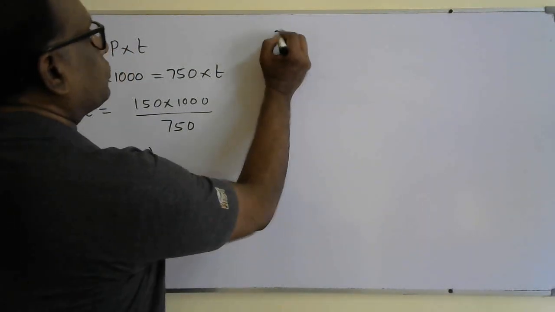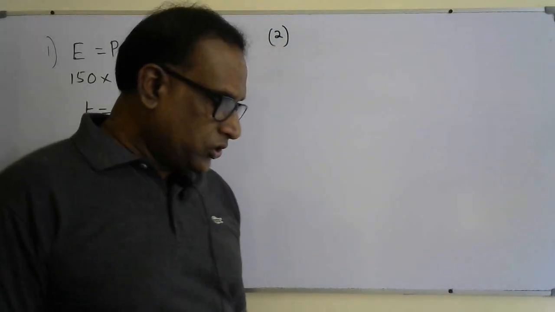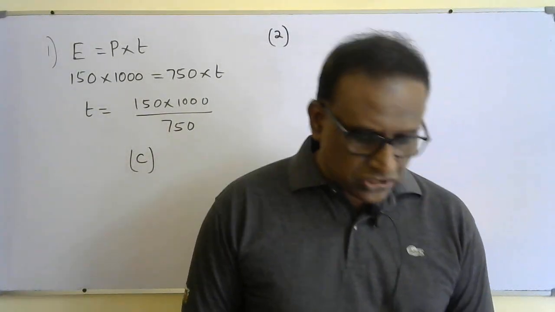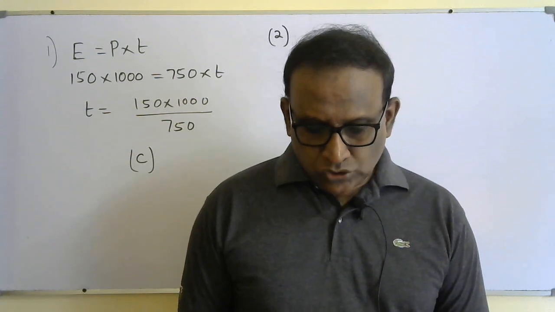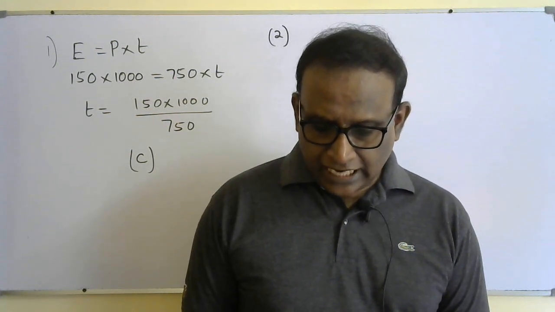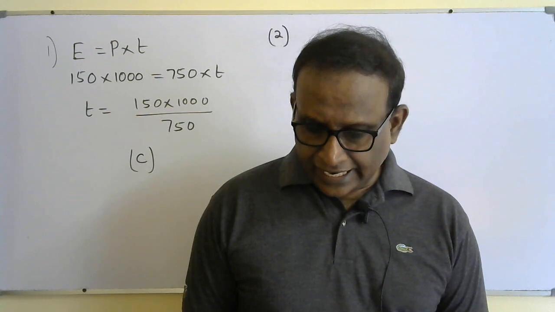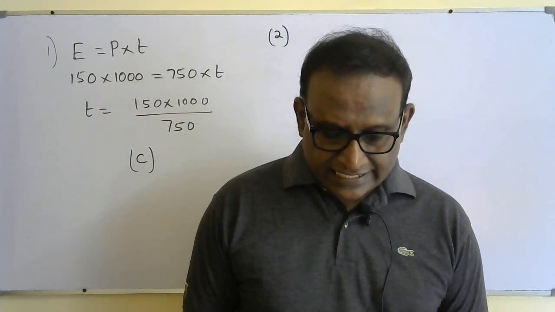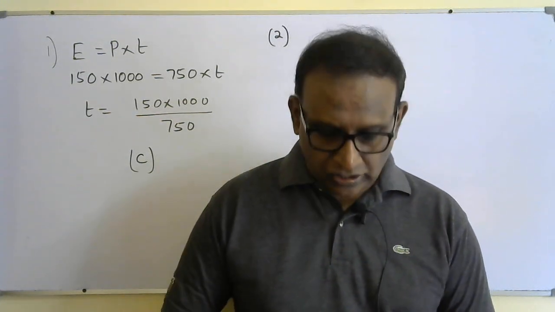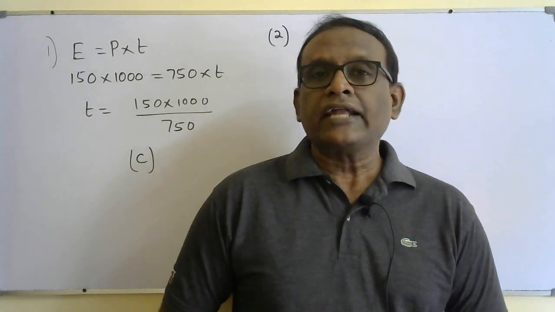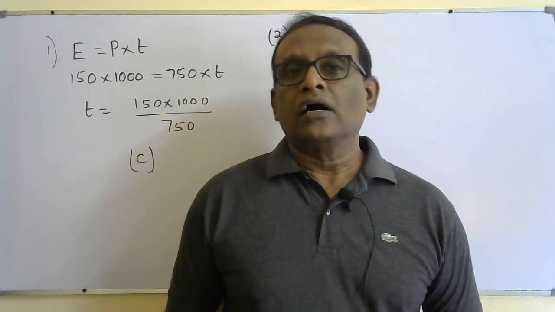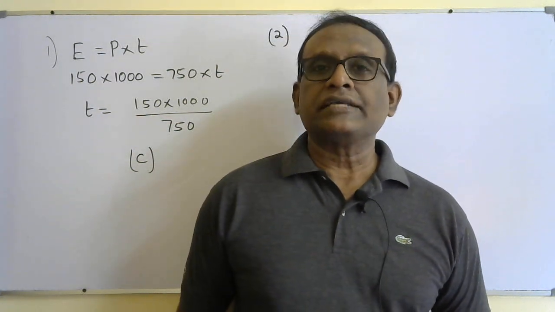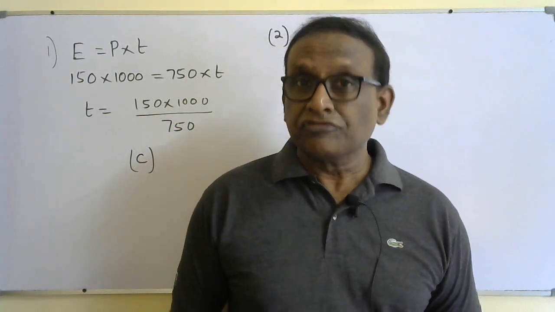Okay, question number 2, MCQ. A sphere falls through a viscous liquid as shown. The diagram is given. Which row of the table describes the upthrust and viscous drag on the sphere as it accelerates downward? So what can you say about the upthrust? According to Archimedes' principle, upthrust is equal to the weight of the displaced fluid.